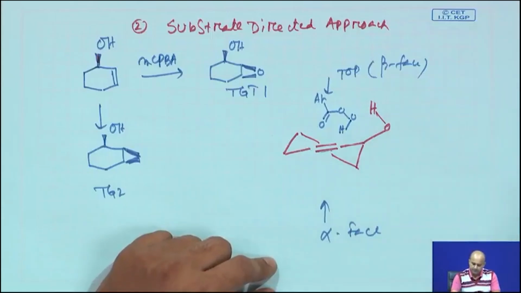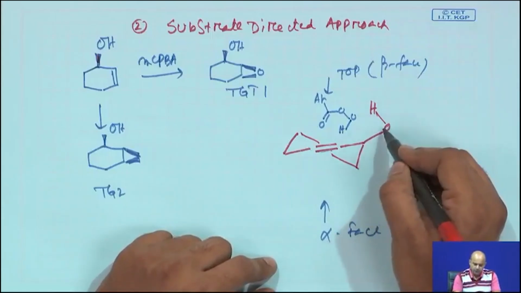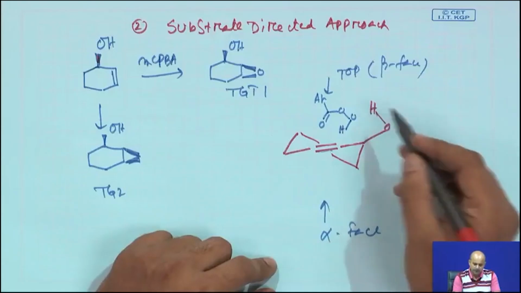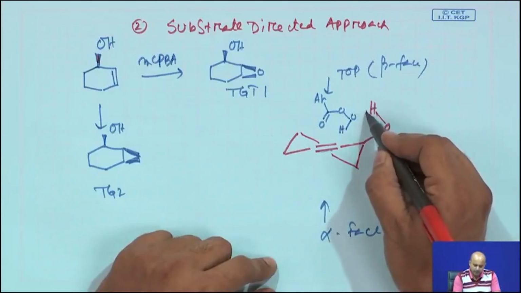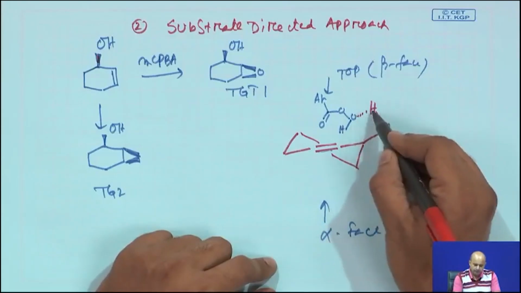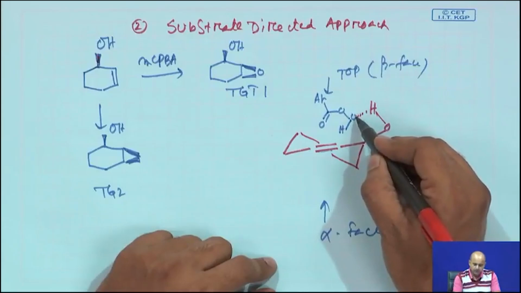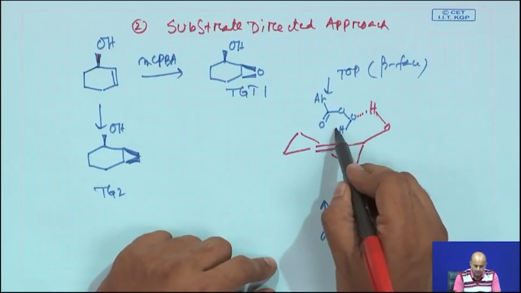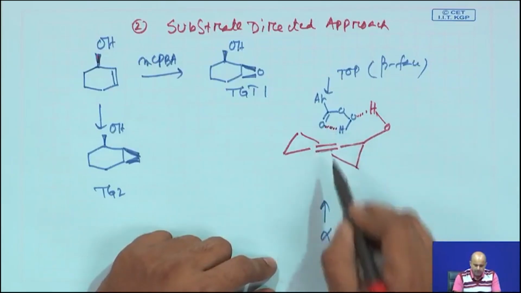Now, what happens? This pseudo equatorial or beta face OH will try to have a hydrogen bond with the electron deficient oxygen of this meta-chloroperbenzoic acid. It could have an intramolecular hydrogen bond something like this.